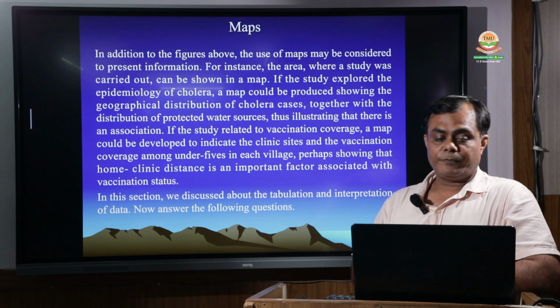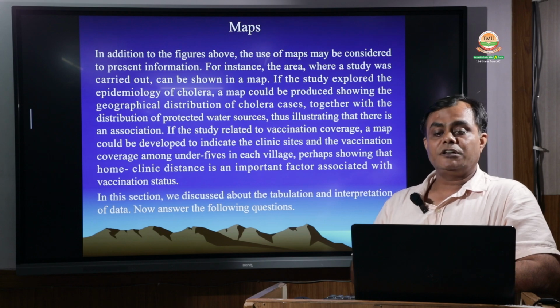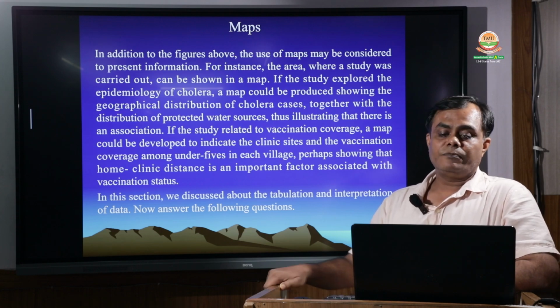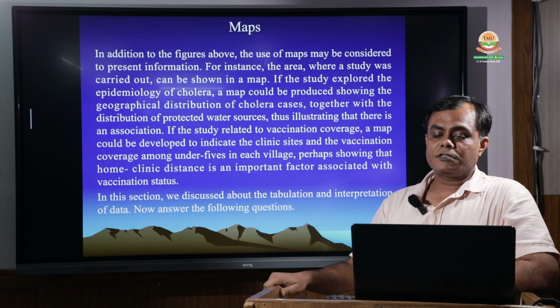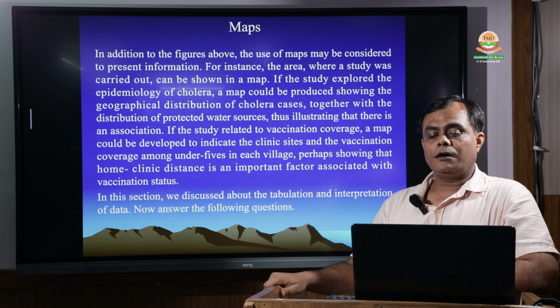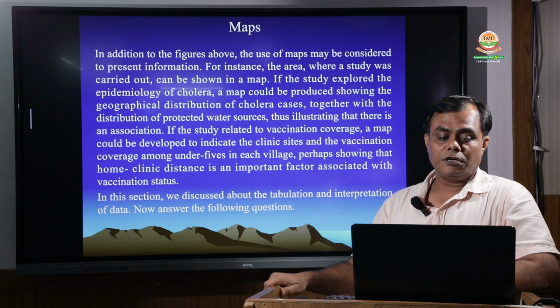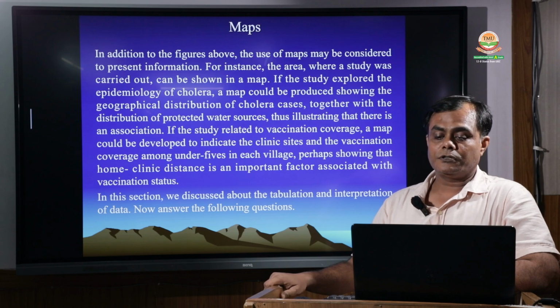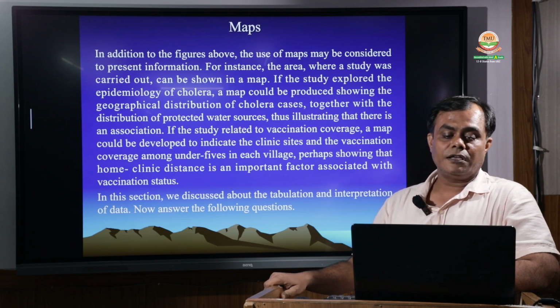And the next is the map. In addition to the figures above, the use of a map may be considered to present information. For instance, the area where the study was carried out can be shown on a map. If the study explored the epidemiology of cholera, a map could be produced showing the geographical distribution of cholera cases together with the distribution of protected water sources, thus illustrating that there is an association.